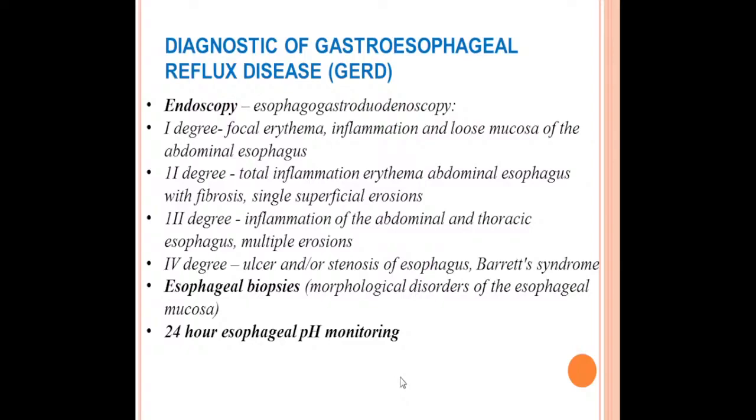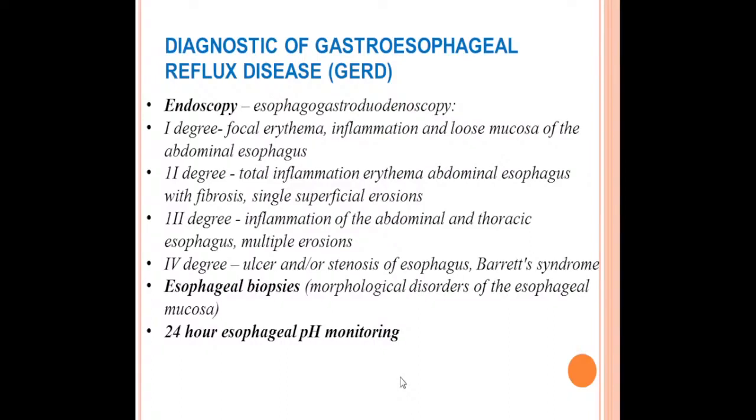Esophageal biopsy is also very important because it helps to detect morphological disorders of the esophageal mucosa. The stages of morphological disorders indicate mild, moderate, or severe variants of gastroesophageal reflux disease.